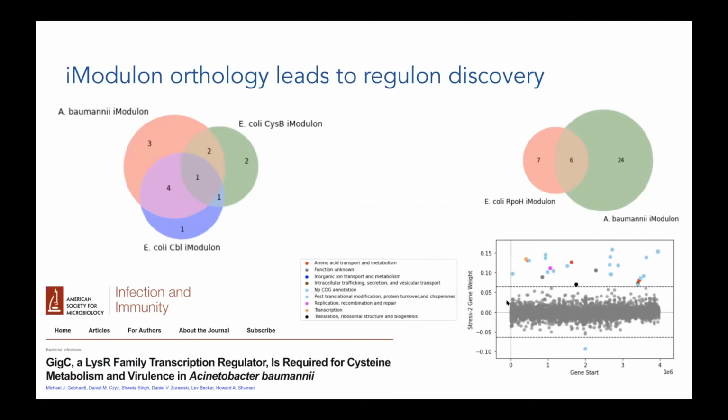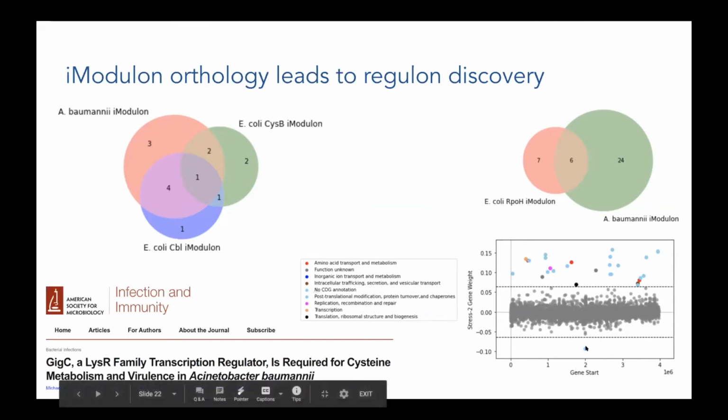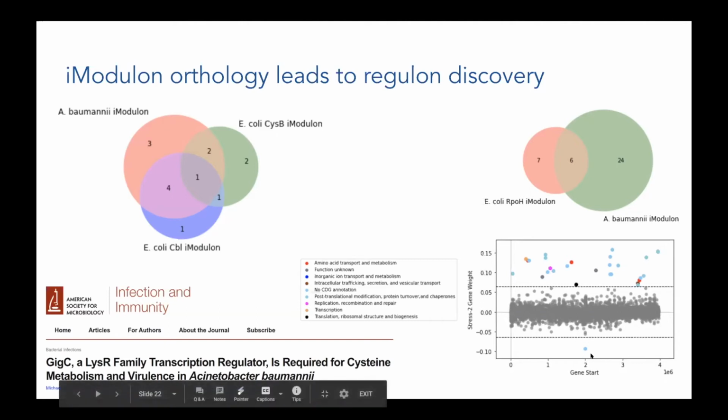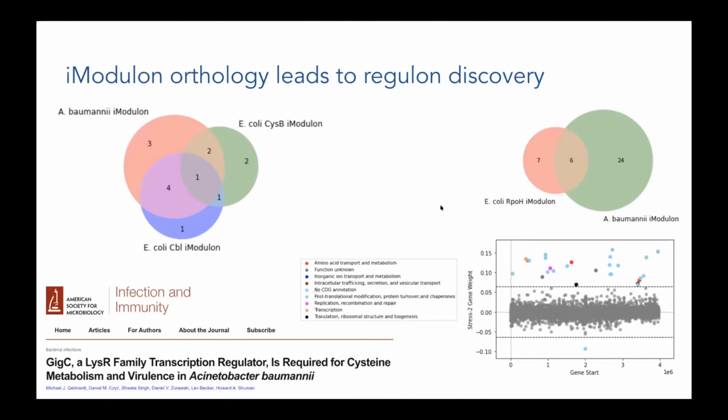So we think that all of these genes are also regulated by the ortholog of RpoH in A. baumannii. There's also one gene down here that's uncharacterized and fairly short, and this could potentially be an anti-sigma factor since RpoH is a sigma factor. And this gene has the opposite expression trend as the rest of the genes in the RpoH predicted regulon.